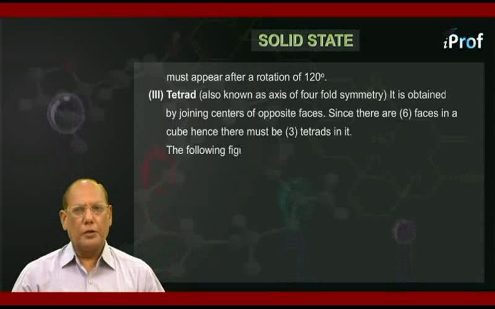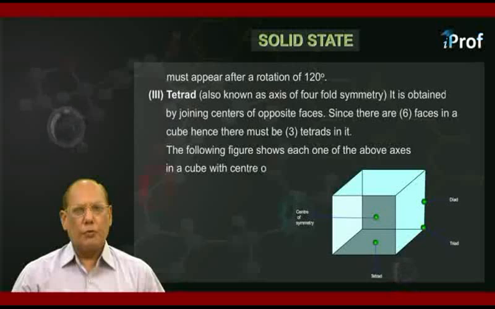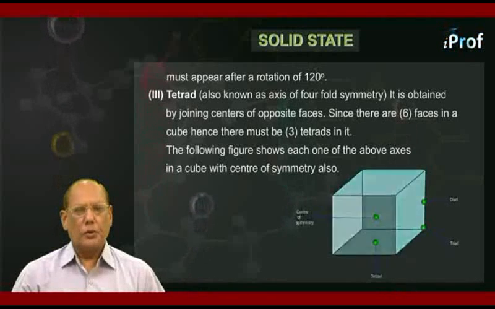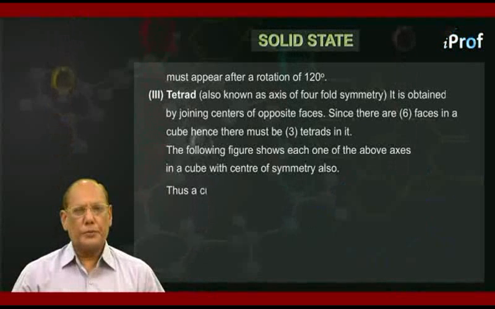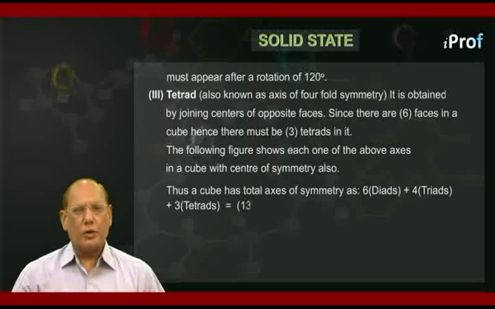The following figure shows each one of the above axes in a cube with center of symmetry also. Thus a cube has total axes of symmetry as 6 dyads plus 4 triads plus 3 tetrads, so that the total comes out to be 13.